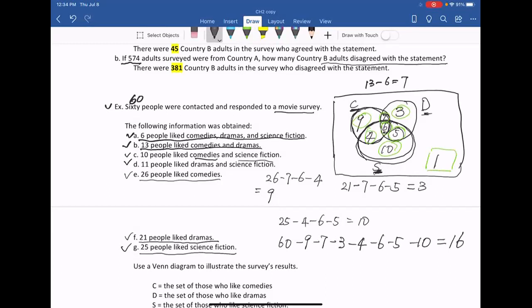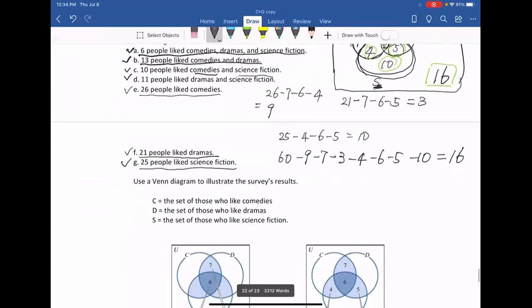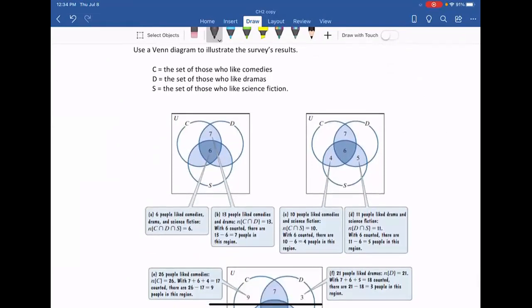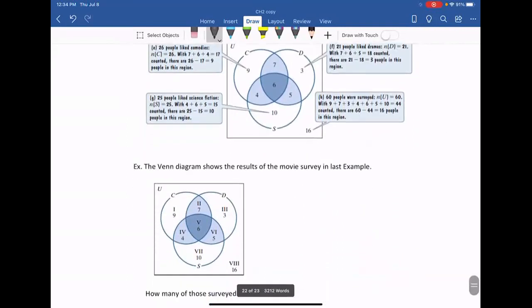So right now, I have all the information filled in the Venn diagram. Let's move on to the real question. Oh, here is the detail of how we filled this Venn diagram.